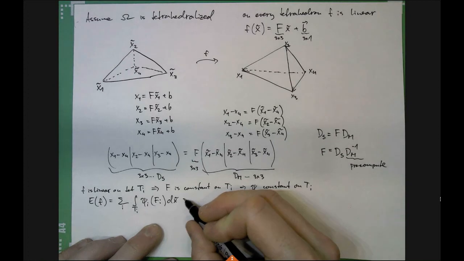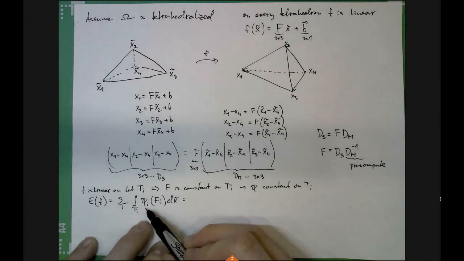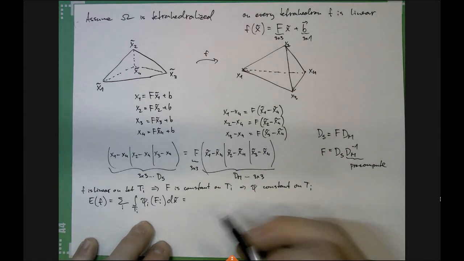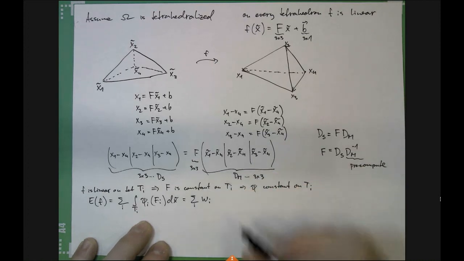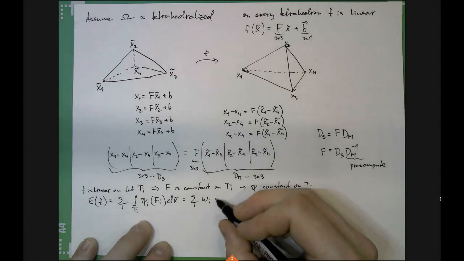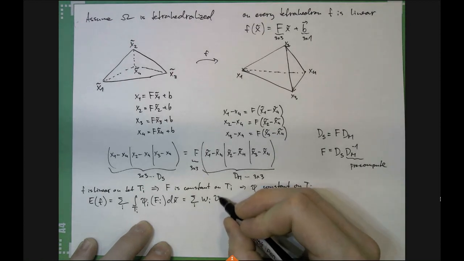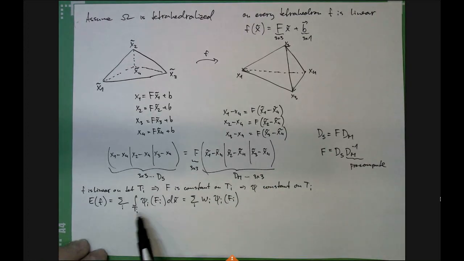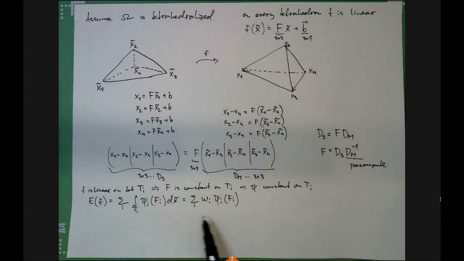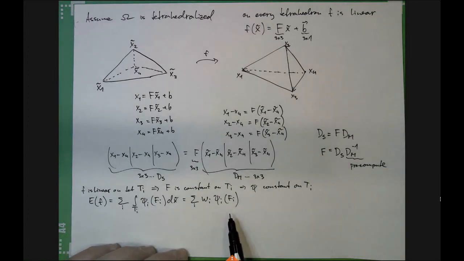So because the psi is constant there, I can write this very easily. I can write this just as Wi, which is the constant, that's the volume of my rest pose tetrahedron, times this, right? Because if I'm integrating a constant function, it's just the volume of the domain over which I'm integrating times the value. It's like the simplest case of integration.